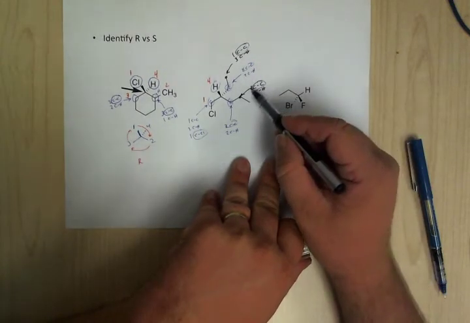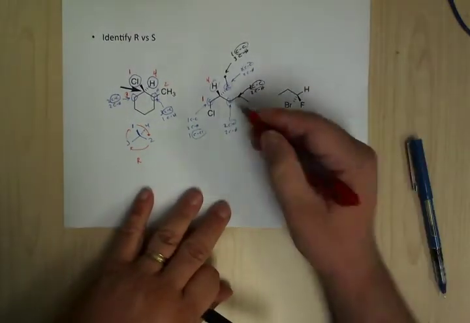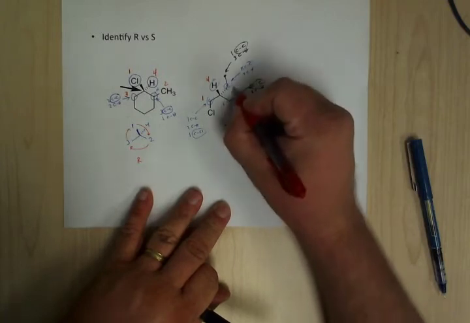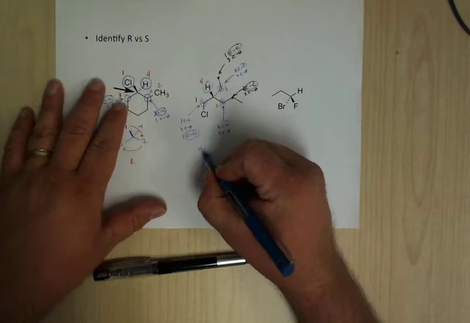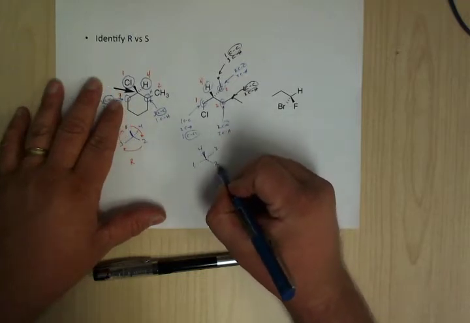But this one has 2 of them, this only has 1. So that makes this chain here a higher priority than that chain. So this ends up being 2, this ends up being 3. If we rewrite this, 4, 3, 1, 2.